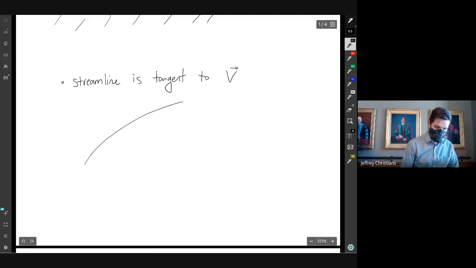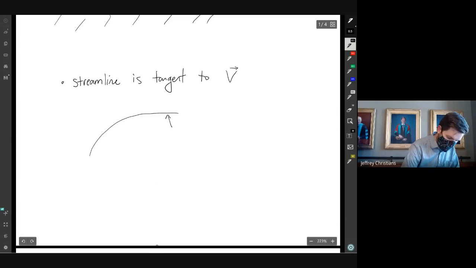So if we have a streamline, let me draw it more curved so that we get a little bit better picture. So this is our streamline. This is our velocity vector at that point.